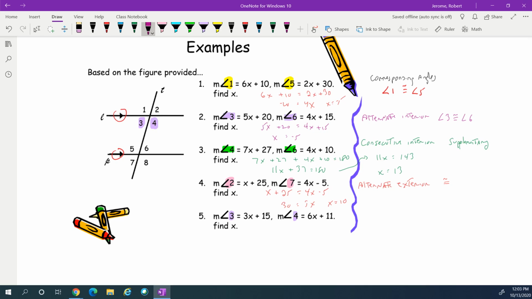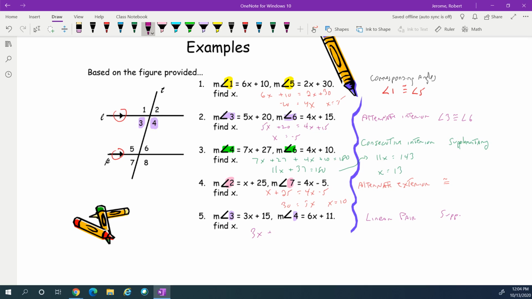Remember, our new terms, alternate interior, alternate exterior, corresponding, consecutive interior, are there to link two different intersections on the transversal. These are from the same intersection. So this is actually old stuff. These are called a linear pair. Remember, vertical angles and linear pairs don't go away. In a linear pair, the angles are supplementary.